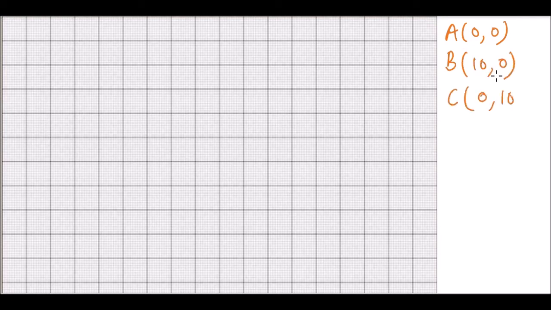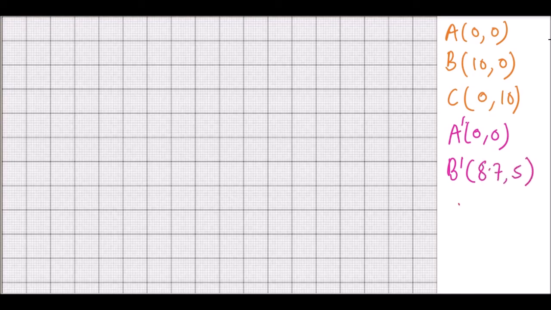So we have our object. We had A at 0, 0, B at 10, 0, and C at 0, 10. When we pre-multiply with the transformation matrix, we get our A prime at 0, 0, our B prime at 8.7 and 5.